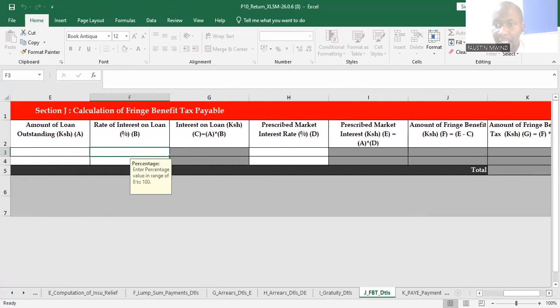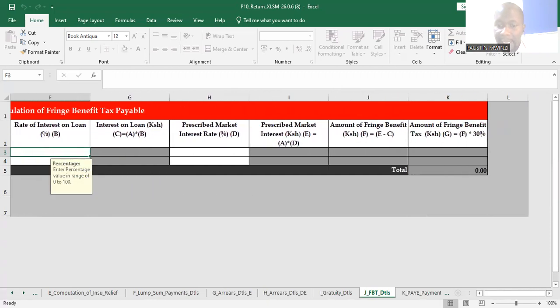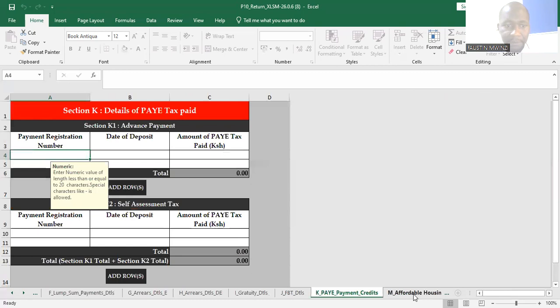So in the illustration that I've given, you'll come across an employee who has some loan provided by the employer at a low interest rate. It gives rise to fringe benefit tax payment. This is advance payment of pay as you earn. Let us leave that one out.